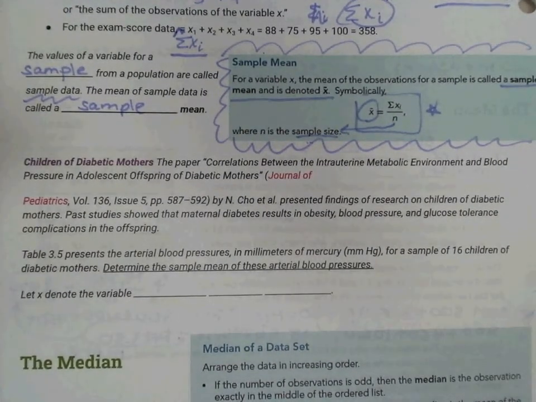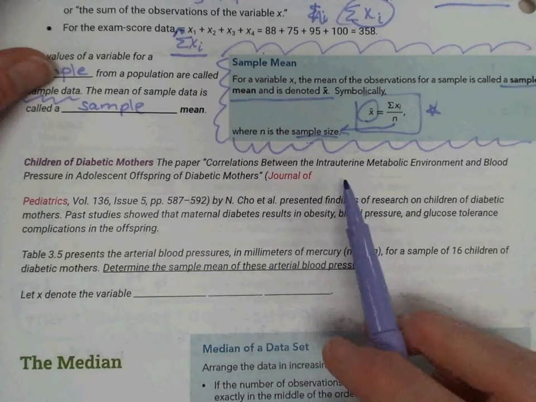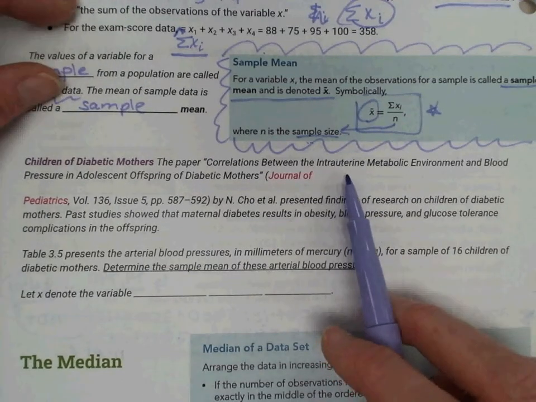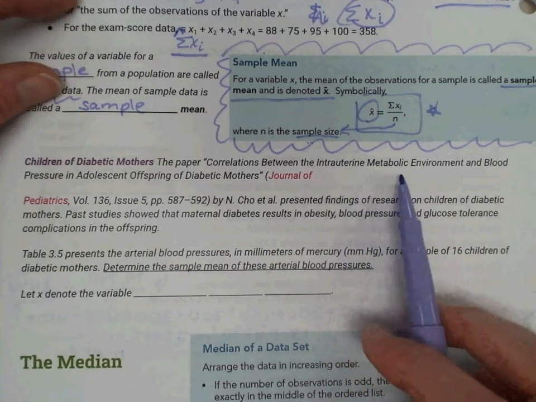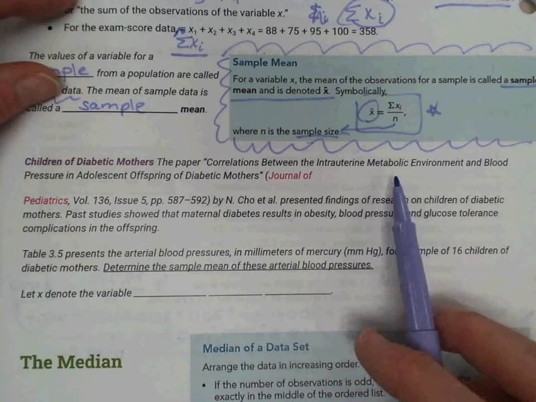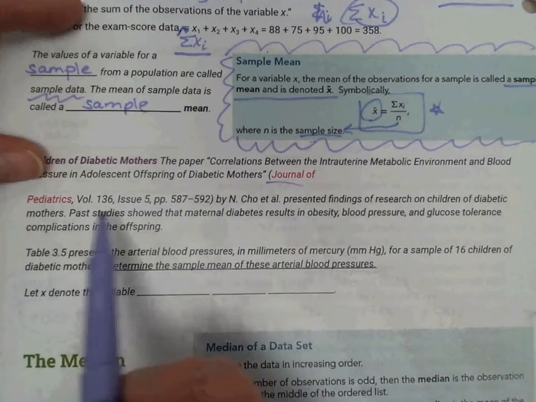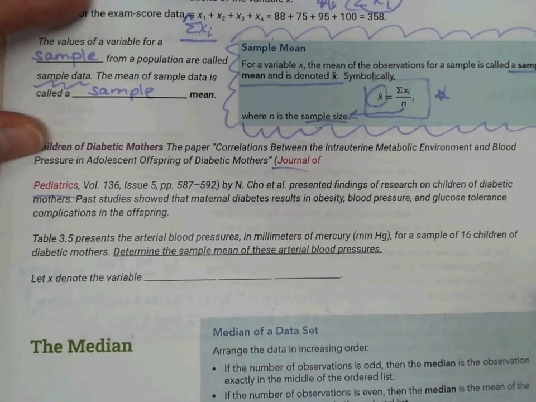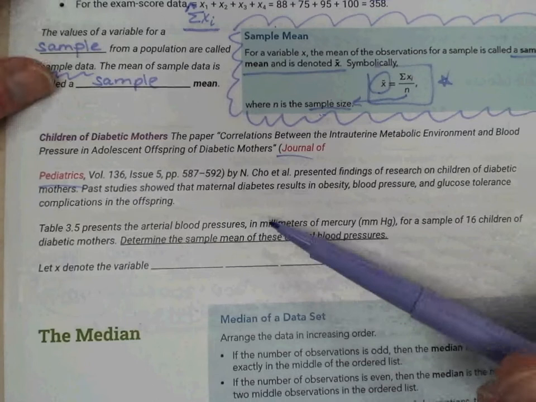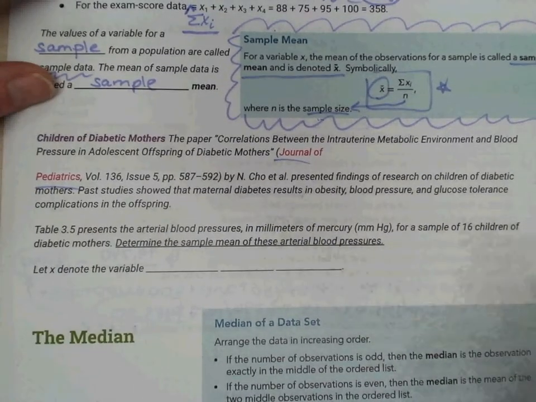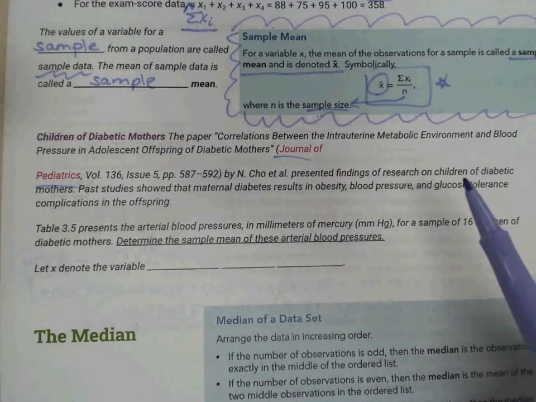So, children of diabetic mothers. The paper is on the correlation between the intrauterine metabolic environment and blood pressure in adolescent offspring of diabetic mothers. This is straight from the Journal of Pediatrics. We typically use those for data sources; we typically find those to be reliable. It presented the findings of research on children of diabetic mothers.